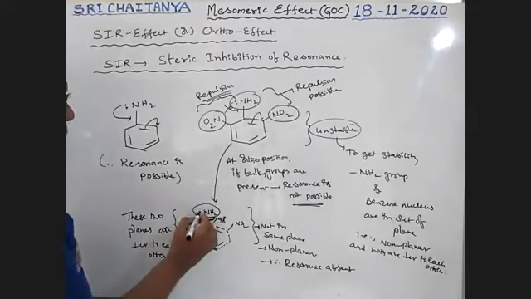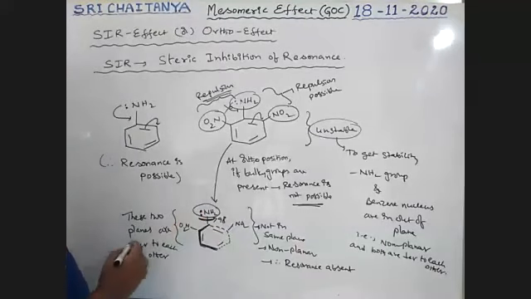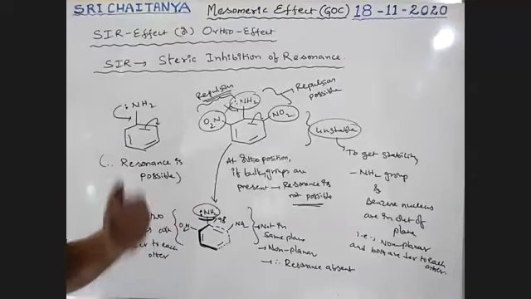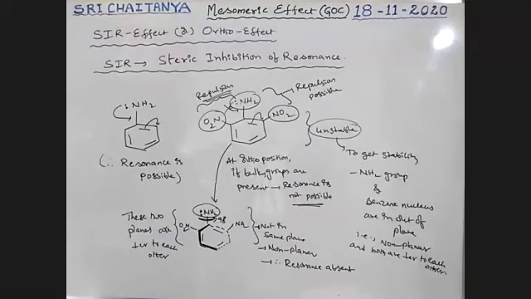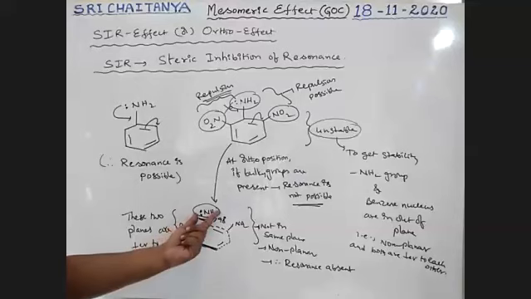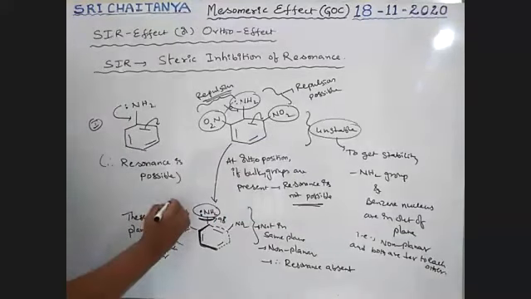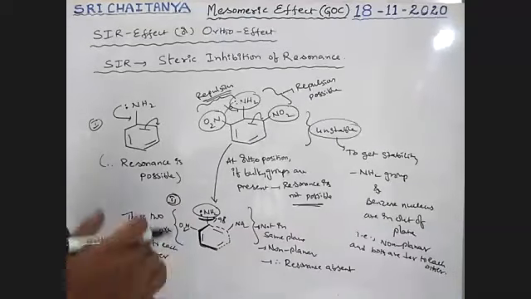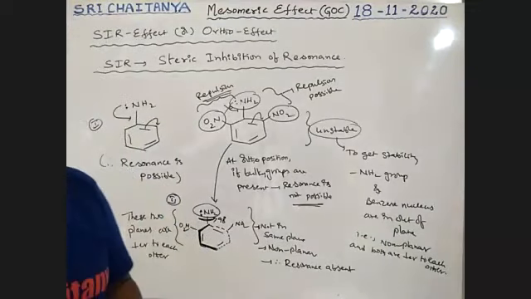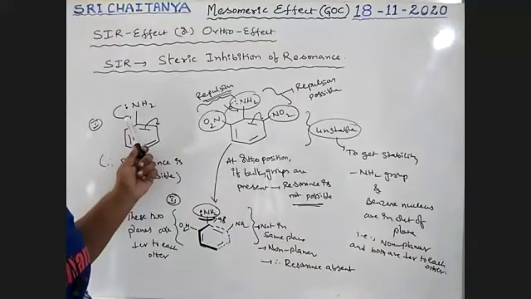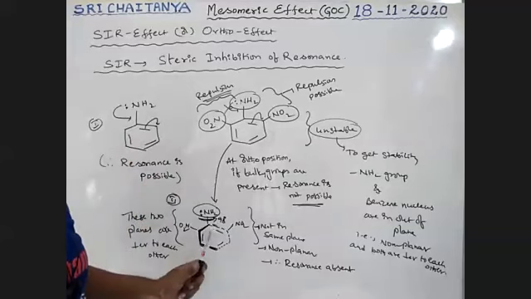Now this lone pair is not involved in resonance. Among this lone pair and that lone pair, which NH2 group gives its electron pair quickly, the first case or the second case? The second case. The second one is not in resonance, while the first is. So the first lone pair is not free, and the second lone pair is free.